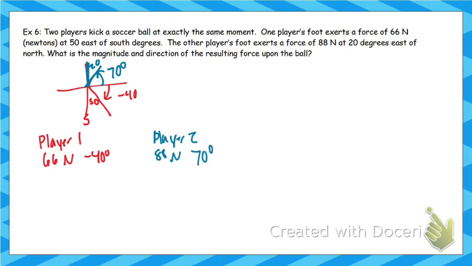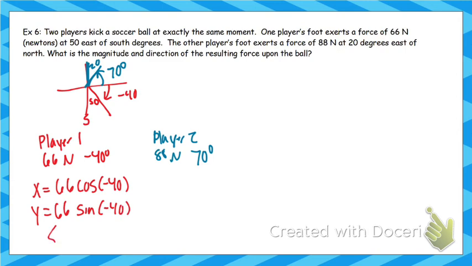So now let's find our component forms. 66 cosine negative 40 for x, 66 sine negative 40 for y. I can plug those into a calculator and get a component form of 50.56, negative 42.42.